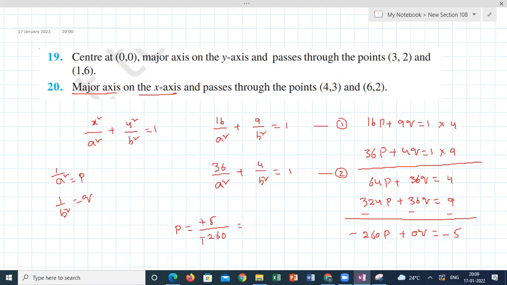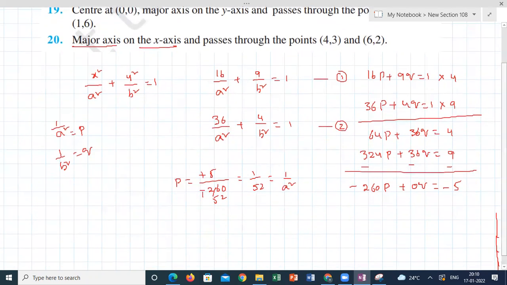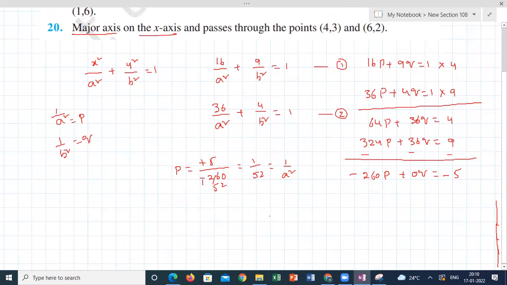5 5s are 25, 1 by 52, which is equal to 1 by a square. If I use the p value in any one equation, 16 into 1 by 52 plus 9q is equal to 1.